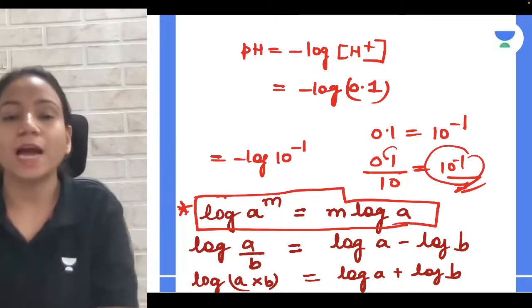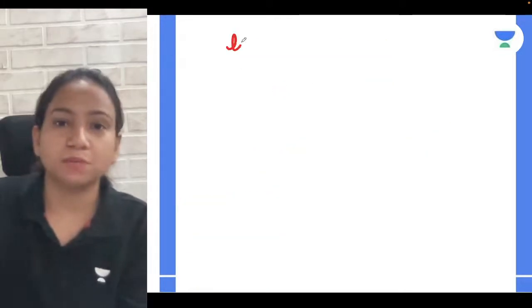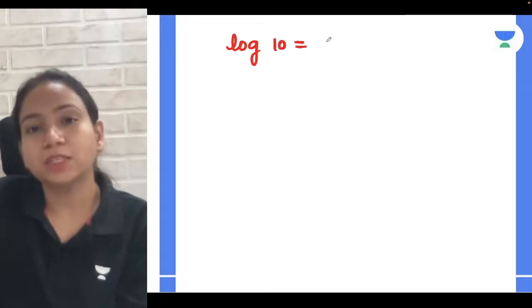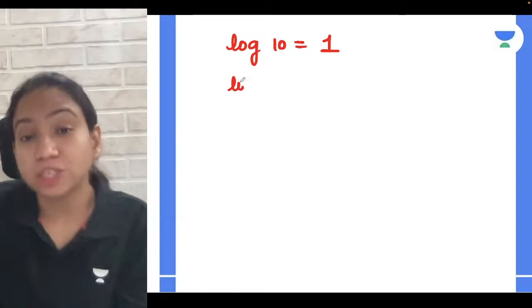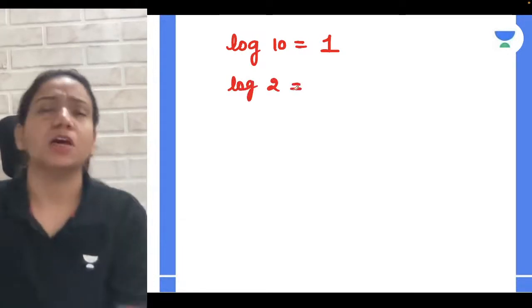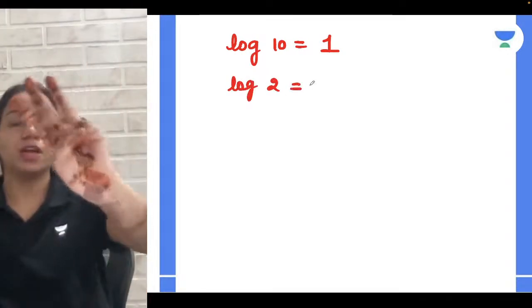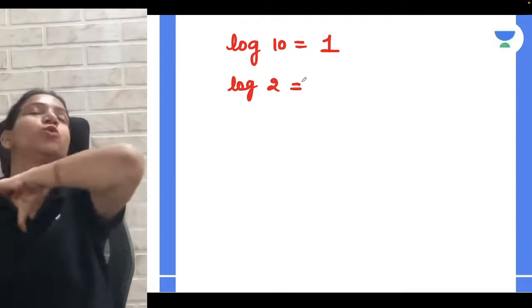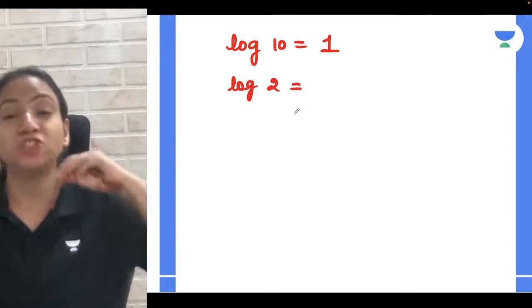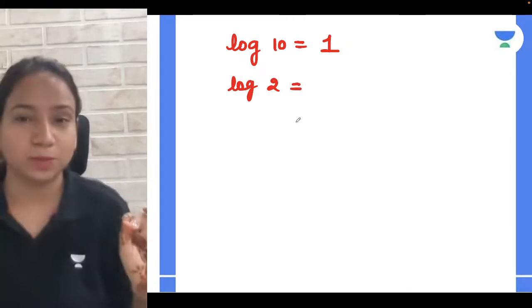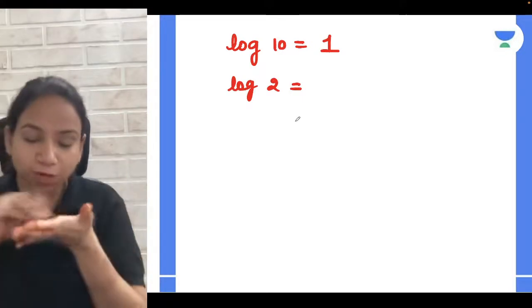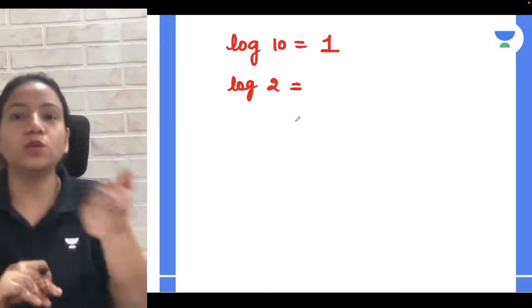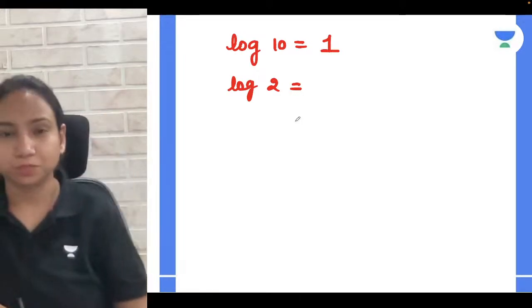Now we have to know some log values also, guys. Remember that log 10 is equal to 1. Always remember, this is very simple. And if you learn only three more values, you can answer so many questions without seeing the log tables. Many students will bring log tables and check the value, and would have solved only one question.